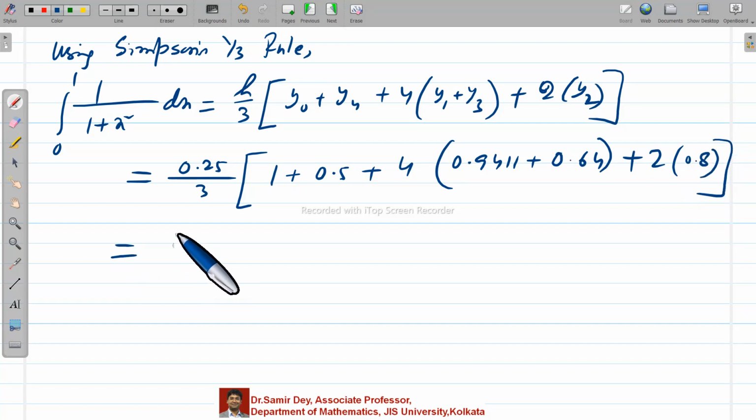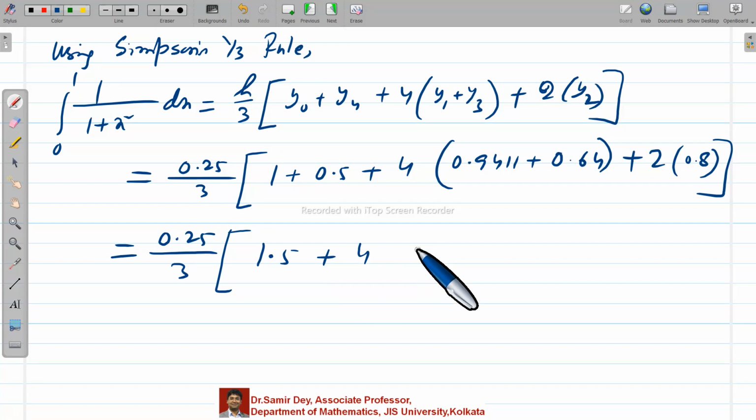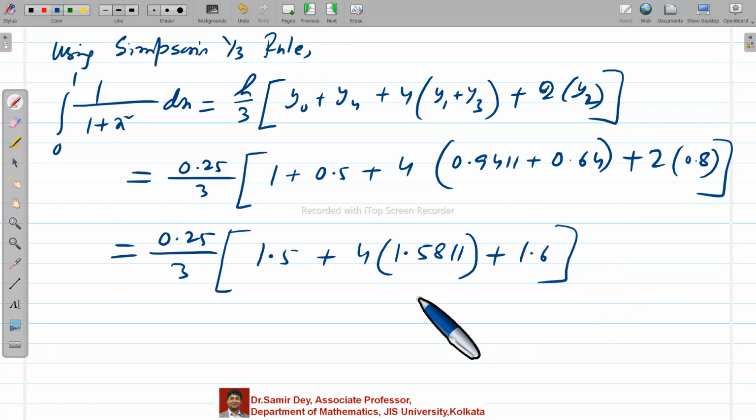Now use your calculator. 0.25 by 3. So 1 plus 0.5 is 1.5, plus 4 into, now use your calculator, 0.9411 plus 0.64, it is 1.5811. Plus 2 into 0.8, ultimately 1.6 is here.